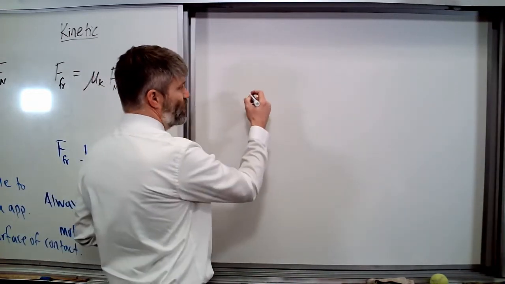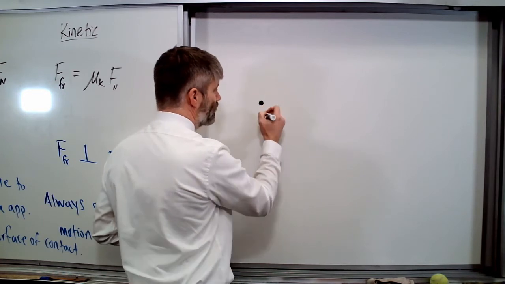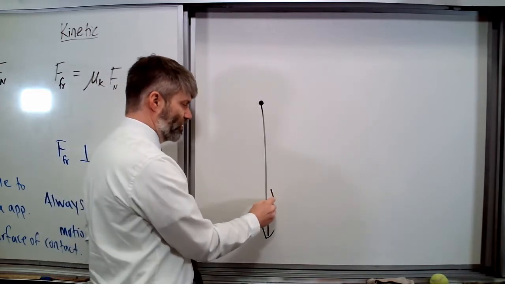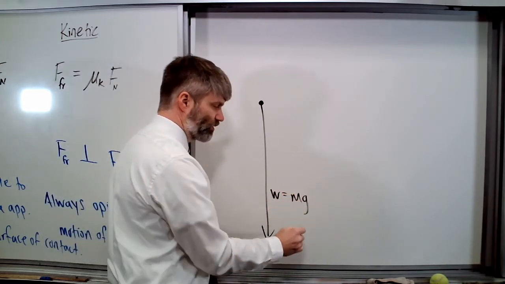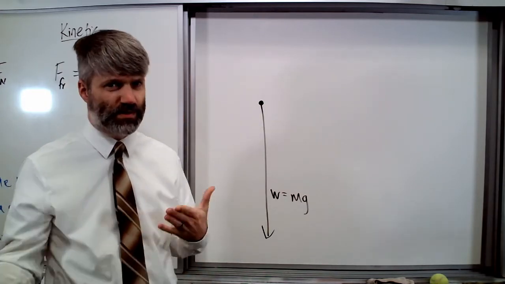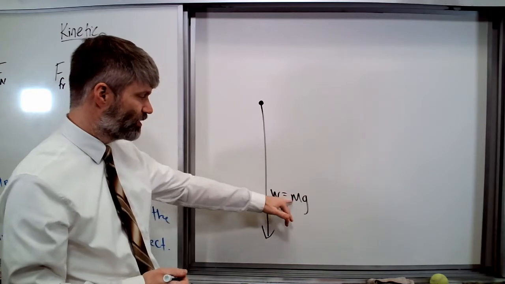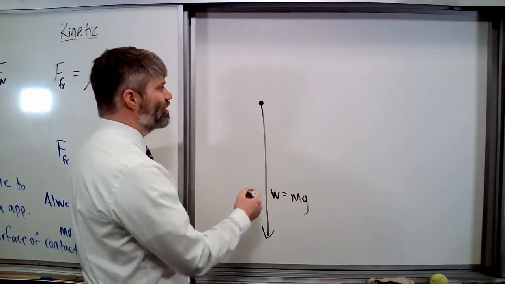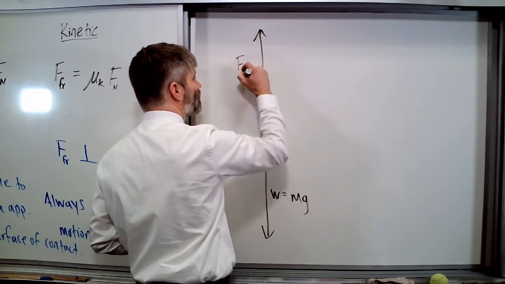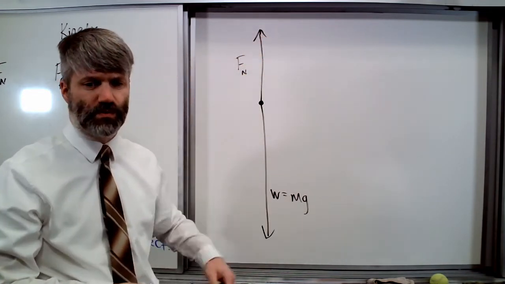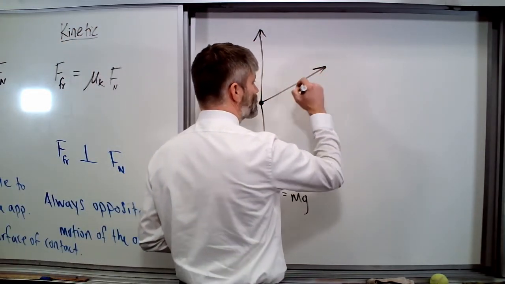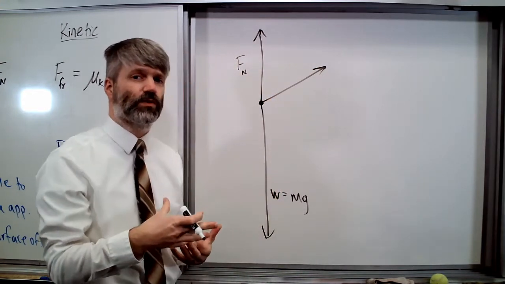So here we'll have our crate. We'll have the weight of that crate like so, which we know will be equal to the crate's mass times the acceleration due to gravity, although they gave us 2,000 newtons already, so we don't even need mg for that. Now, we've already said that the normal force does not have to be equal to the weight of the object, because the force that the student exerts is going to have a vertical component to it.